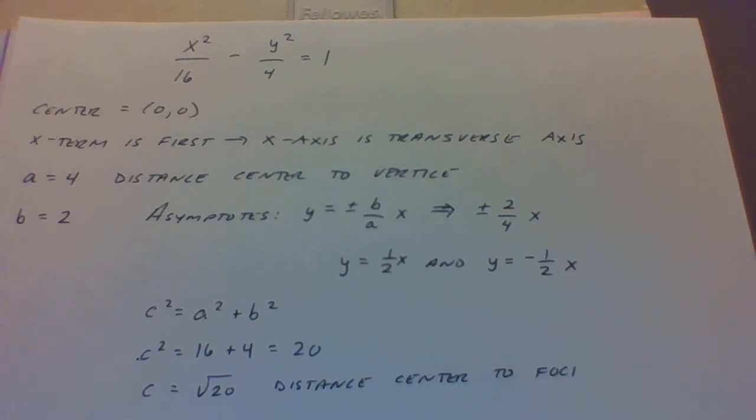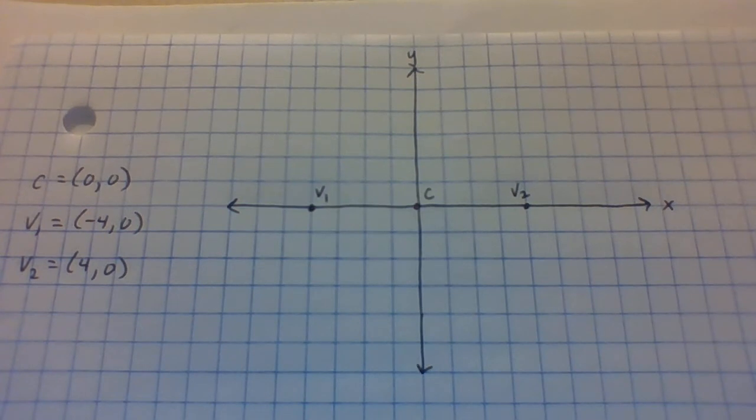Let's start plotting some of the information that we have. Our center is at the origin, and remember that our distance from the center out to the vertices was 4 units. So one of our vertices is going to be at (-4, 0), and the other one is going to be at (4, 0).